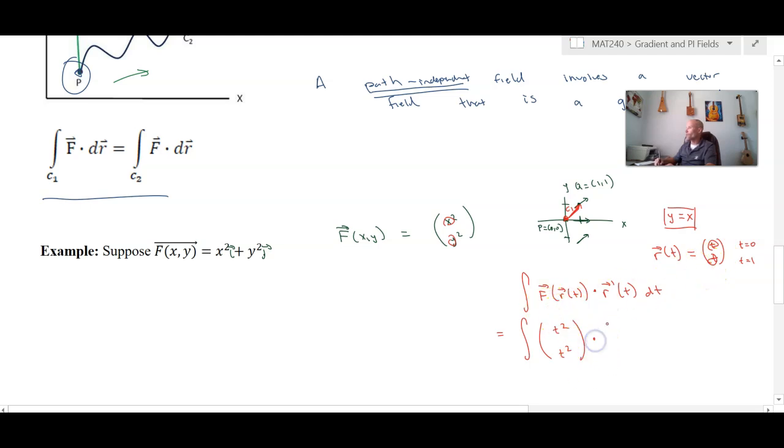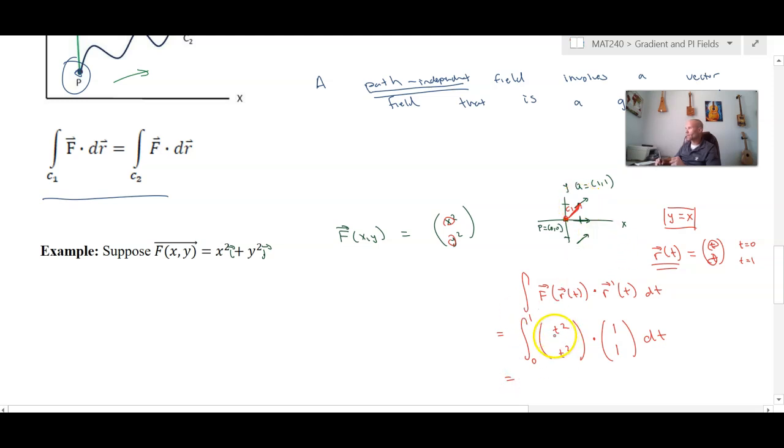Now we dot this with the derivative of the position vector. Well, the derivative of t is 1, and the derivative of the y component, which is also t, is 1. Integrate this with respect to t. Now, what's my time? Well, it goes from 0 to 1, since that's how long it's going to take me along this position vector to get from the point 0, 0 to the point 1, 1.